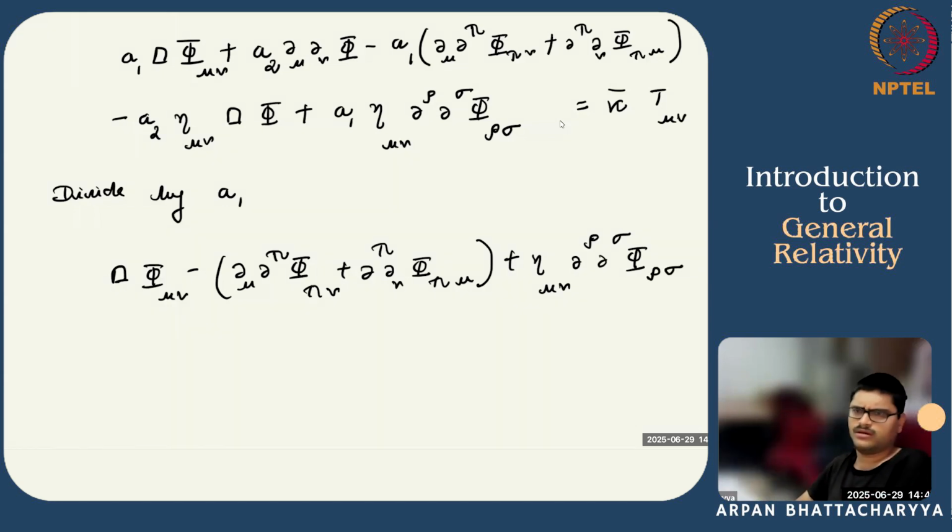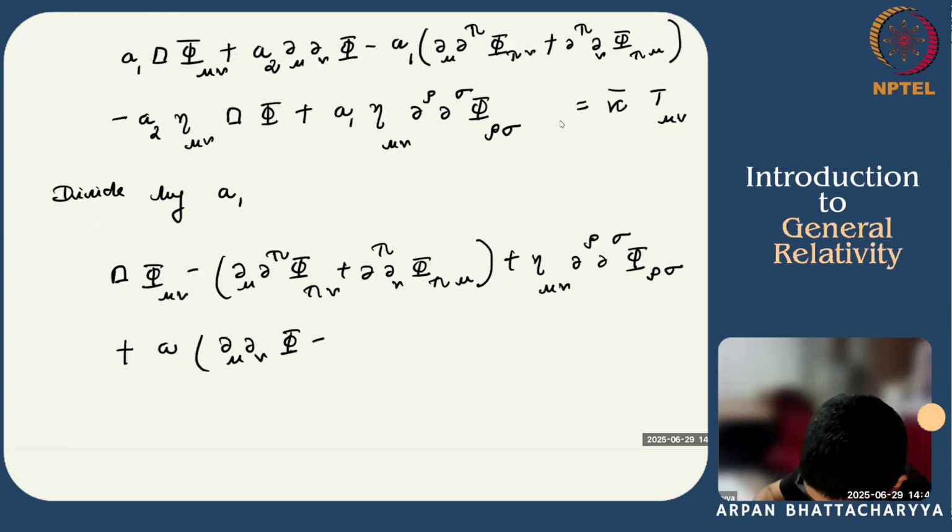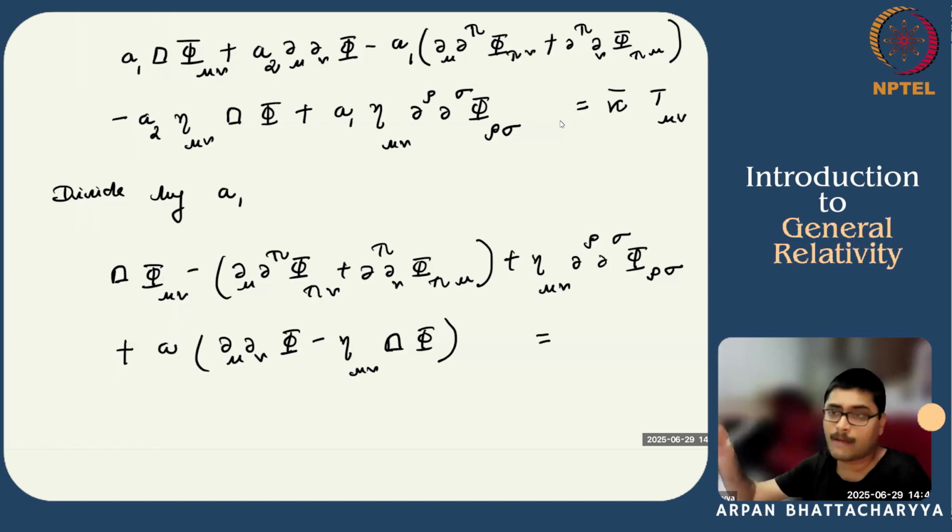Remember phi is symmetric under the exchange of the two indices, so phi lambda mu is equal to phi mu lambda. And then when we divide by A1, A2 by A1 we call just A, and kappa bar by A1 we call some kappa.